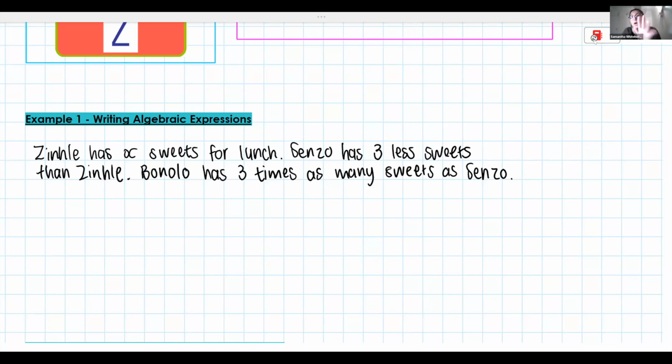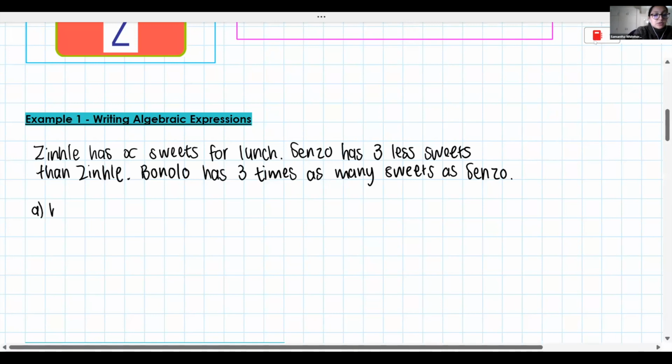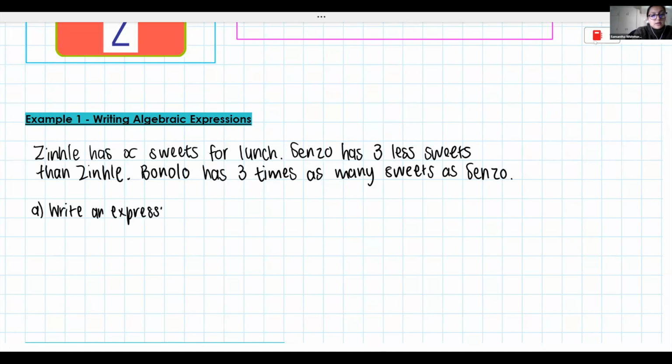All right, so I would ask you a whole bunch of questions based on this scenario. The first of which would be to write an expression in terms of x for Senzo and Bonolo.